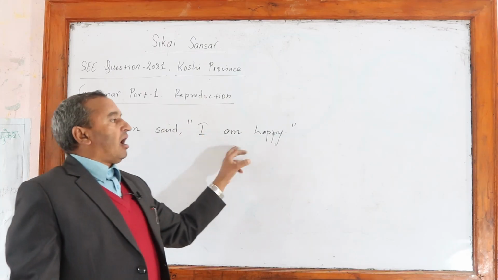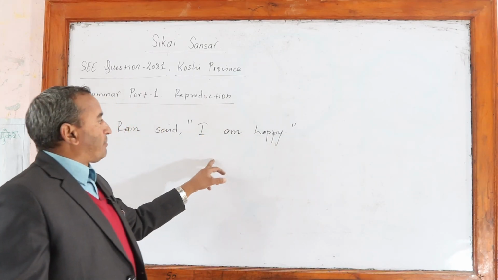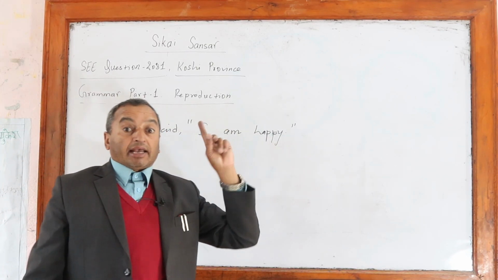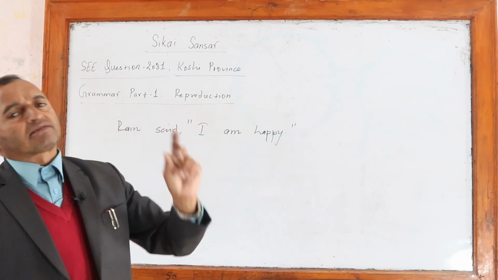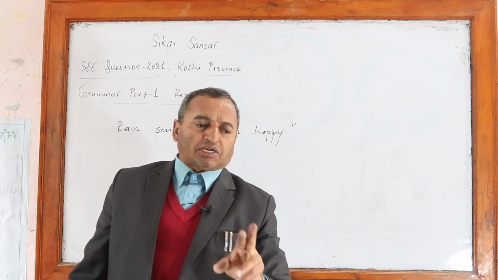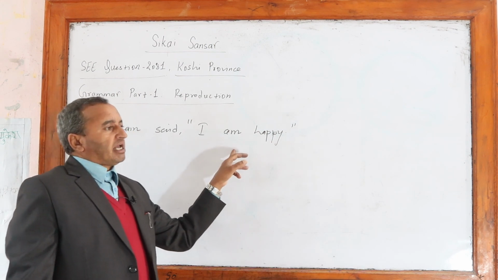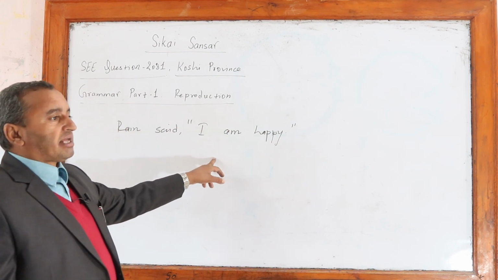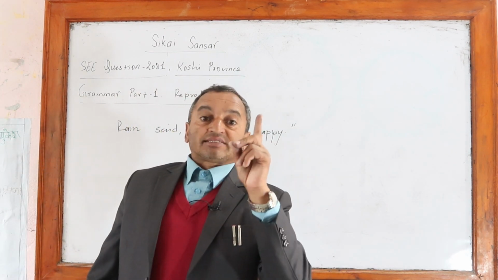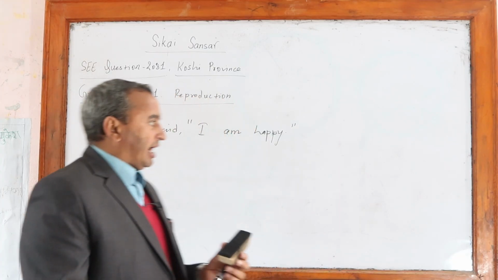Ram says, "I'm happy," is simple present tense and an assertive sentence. The sentence type and the tense, these two things should be clear while changing into direct or indirect speech. So here it is an assertive sentence. For an assertive sentence, we always use that as the joining word. So let's change it here.